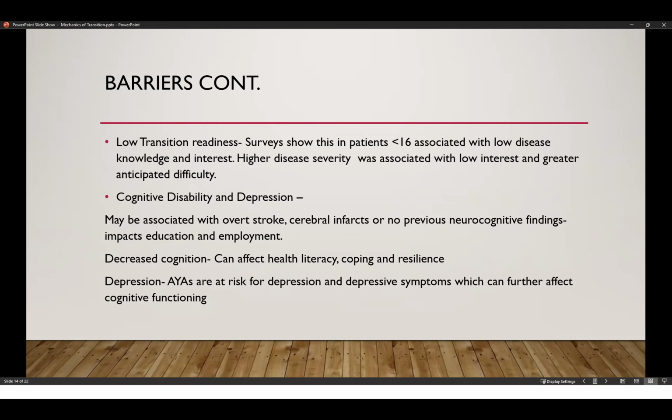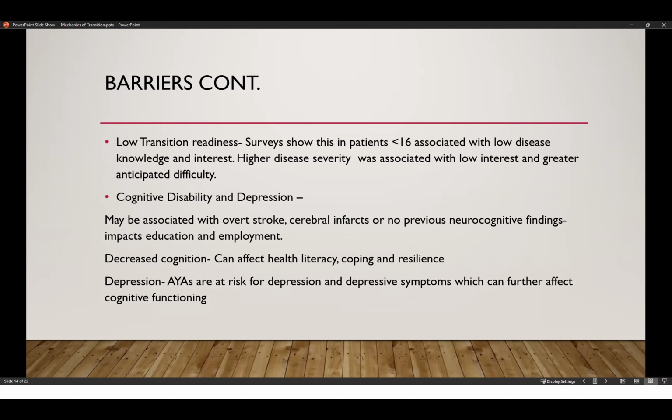And then cognitive disability and depression. We know that in sickle cell disease, it can cause strokes, it can cause cerebral infarct, and then sometimes there may not be an injury or anything, but it's been linked to neurocognitive findings that can impact education and employment. So it makes it hard for a person to learn the things that need to be learned, take charge, and transition successfully.